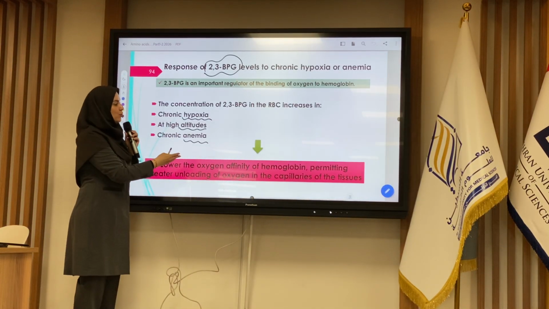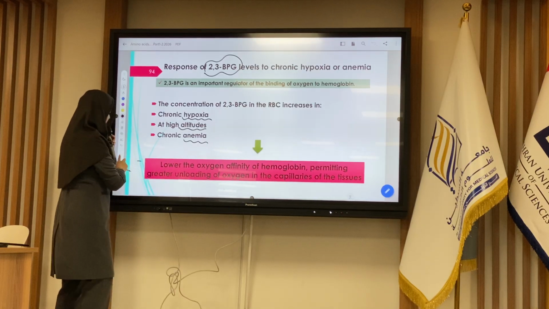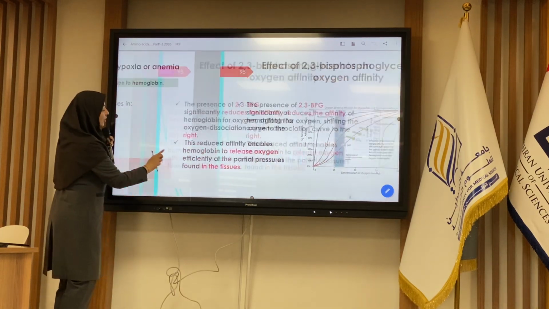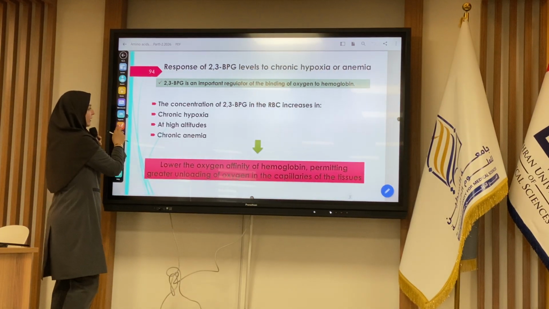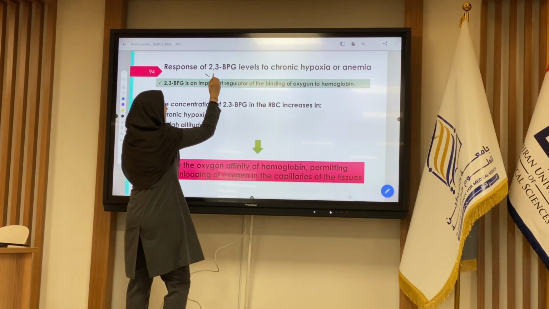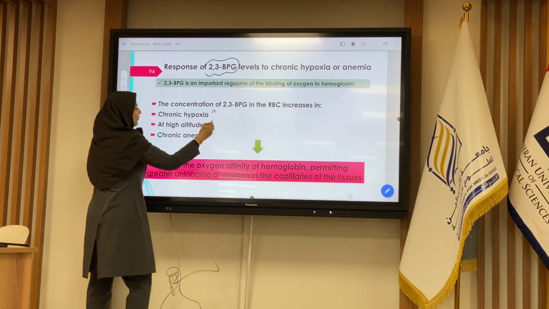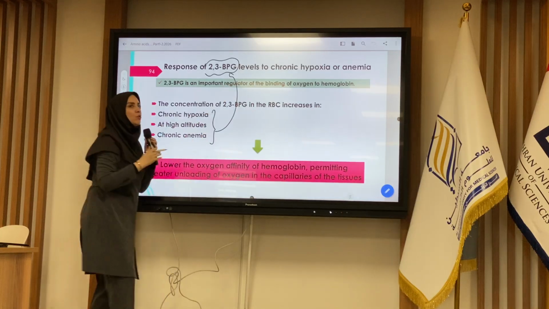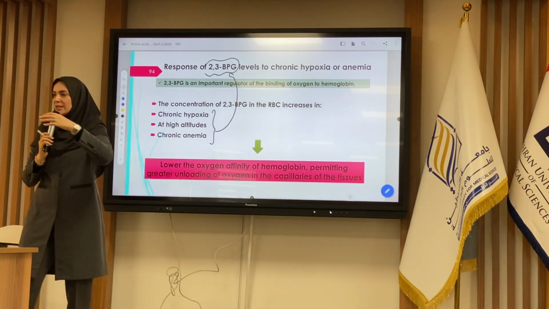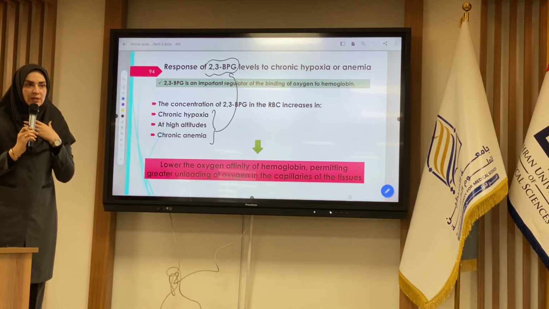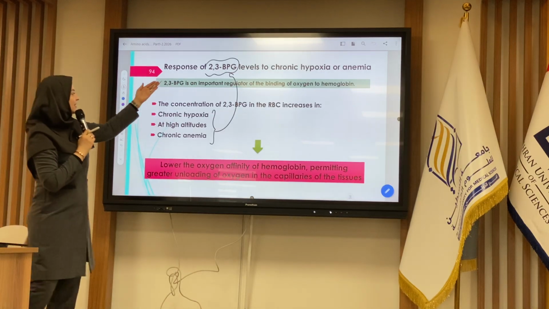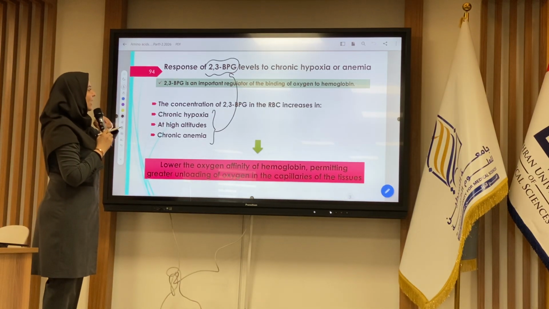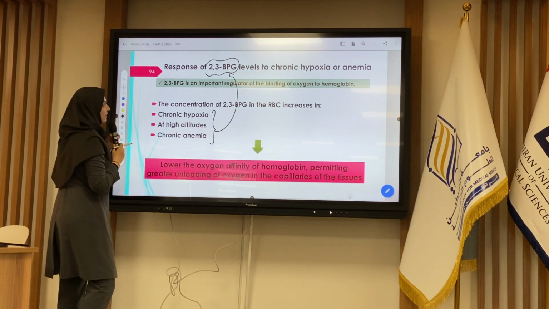In all of these situations, our body produces one molecule known as 2,3-bisphosphoglycerate. For example, you go to the mountain, you are at risk of low pressure of oxygen. Our body produces this molecule, 2,3-bisphosphoglycerate.